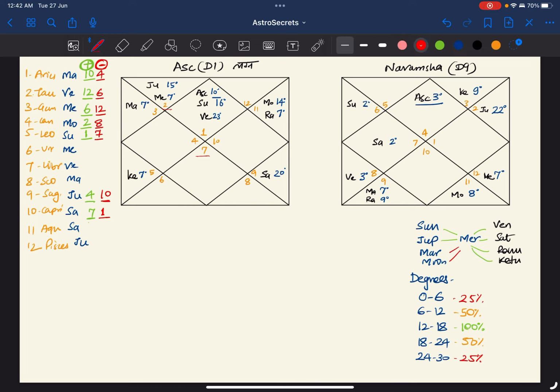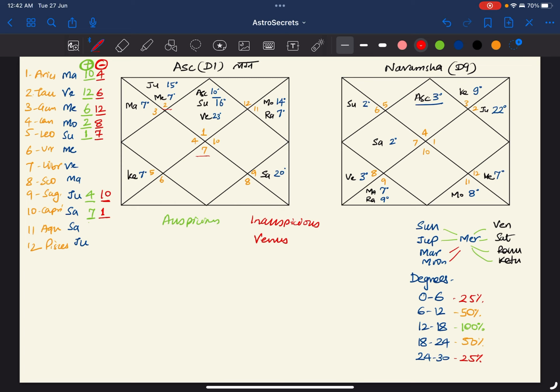So let's say we consider two things: auspicious and inauspicious, two different categories. Maybe let me change the color a bit. Inauspicious. So I guess I already covered it. So Venus will be marked here.